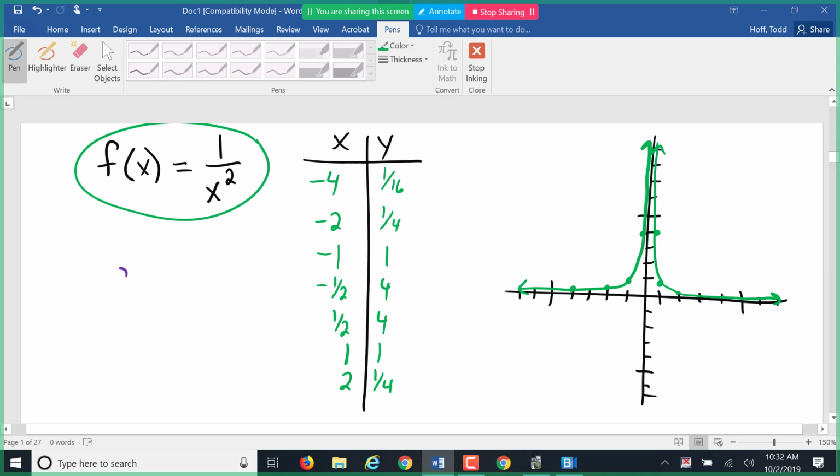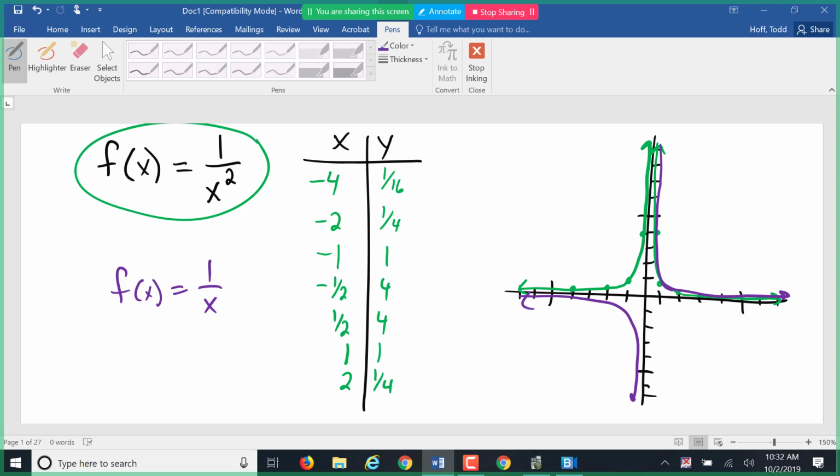Remember that if f of x was 1 over x, it looked like this. Doesn't quite lie on top of the green line there because it's not quite as tight of a curve, but you get the picture. And of course, just like the 1 over x, we can move that 1 over x squared graph around. But I don't feel any need to do that here.